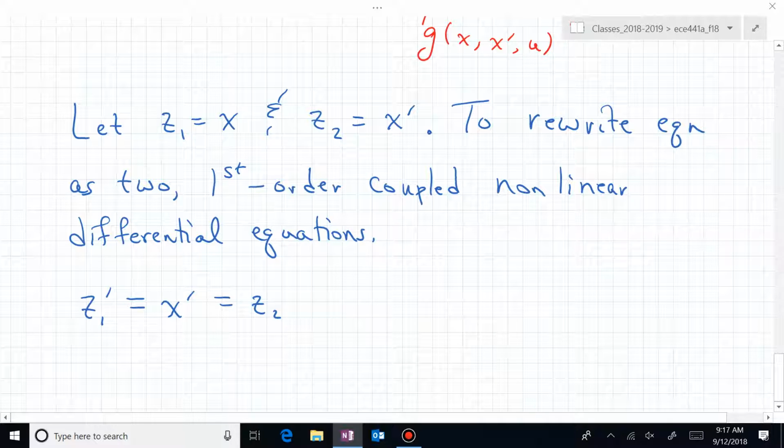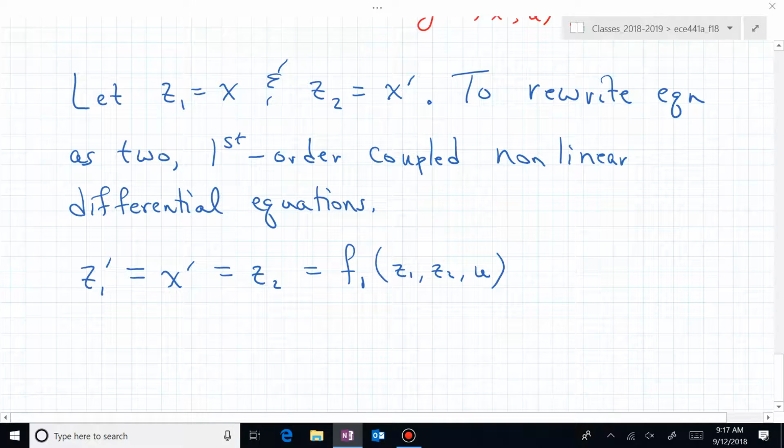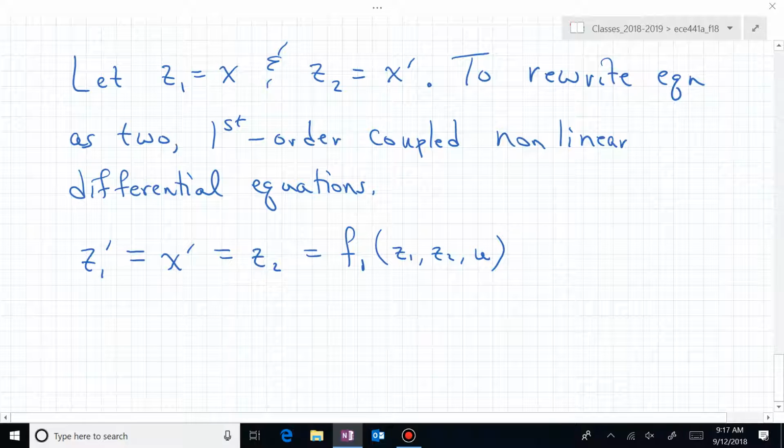That's actually my first right-hand side, f sub 1 as a function of z1, z2, and u. It's only a function of z2. Is it a linear function of z1, z2, and u, or nonlinear? It's linear, isn't it? So that's not incorporating any of the nonlinearities, but that's okay. We'll probably have some nonlinearity on the right-hand side in f sub 2.